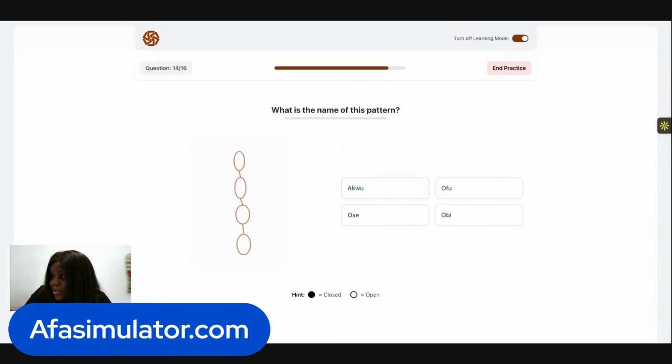This is definitely Obi. This is Agali. Yeah, this is Agali. And this final one, who can help me? What's this one?